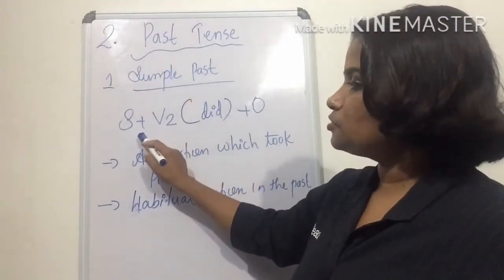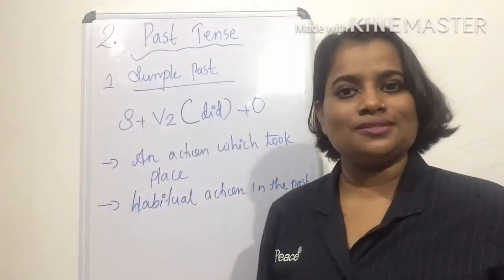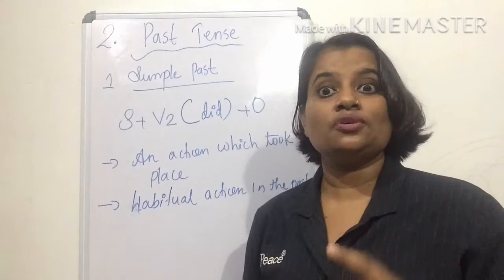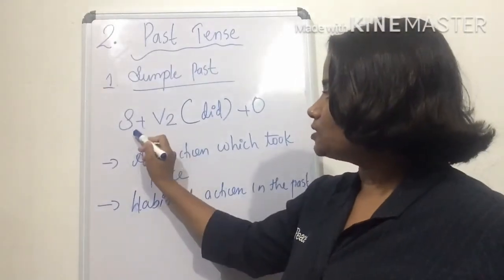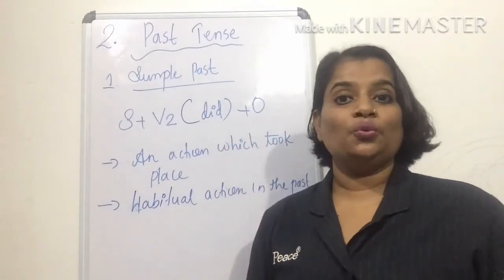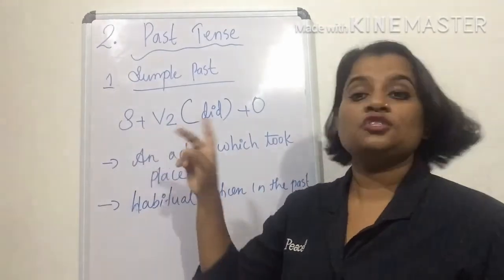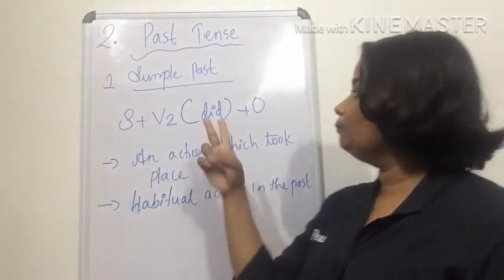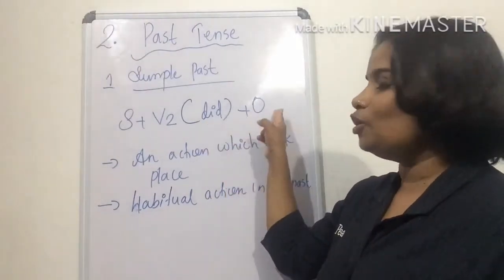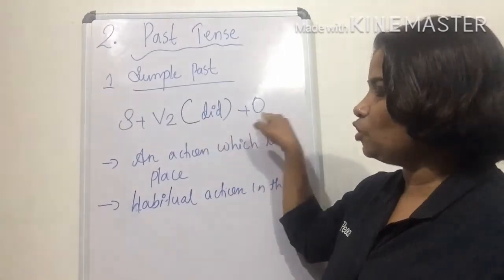In simple past, the structure: normally in all statements the subject comes first. Subject plus verb. In present tense we discussed the verb first form, but in simple past we need to use the verb second form, that is the did form, plus object.